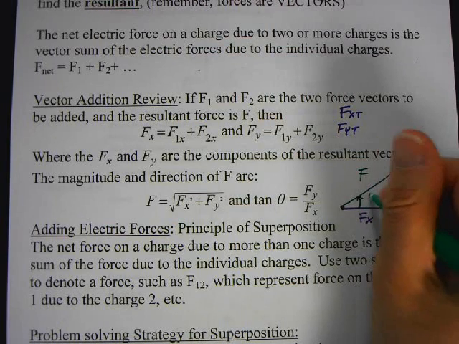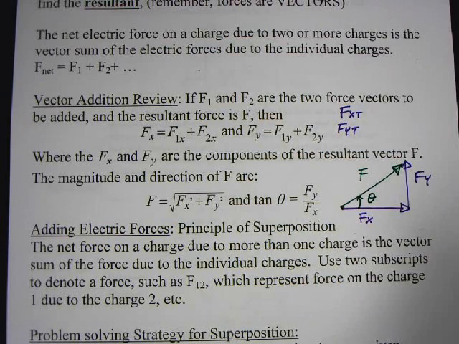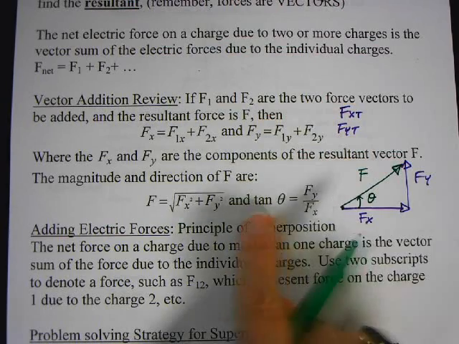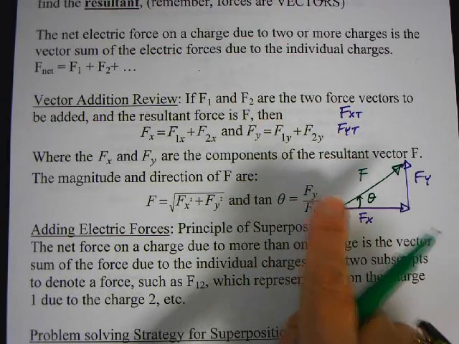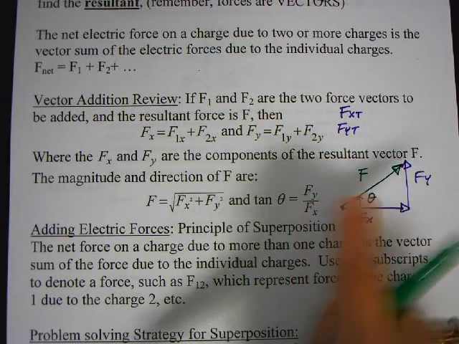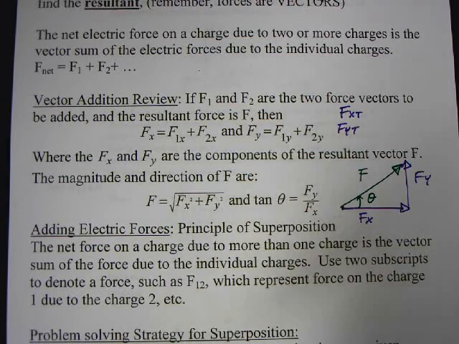So to measure the direction, I always measure from the tail of the resultant. Tangent is opposite over adjacent, so that's why it's Fy over Fx. We've done this before, okay? We're just applying it to electrostatic forces, and we're going to do the same thing we did before.